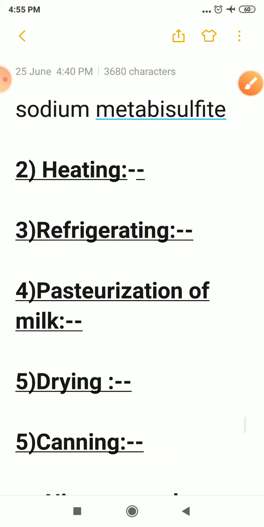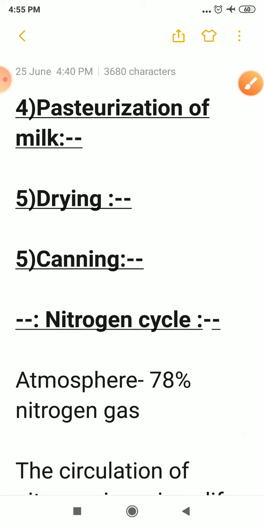The next method is drying. In the earlier chapter, crop production and management, we discussed how we store our food grains.